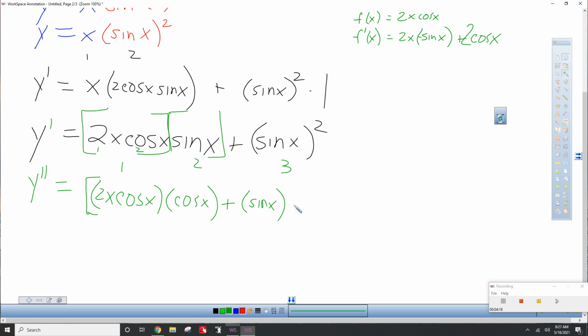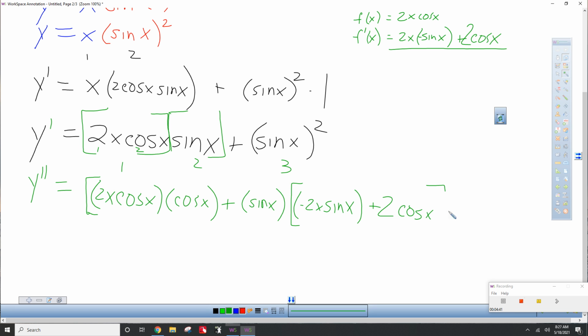Well, the derivative of the first is negative 2x sine of x, plus 2 cosine of x.